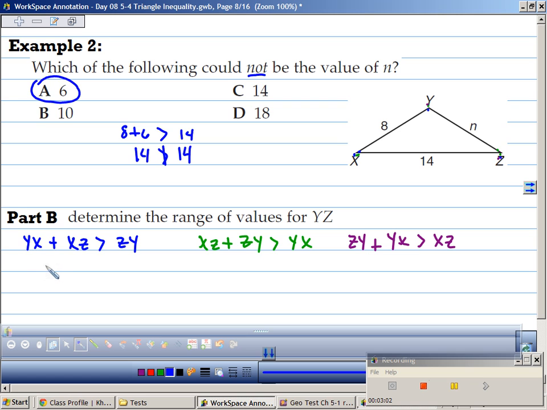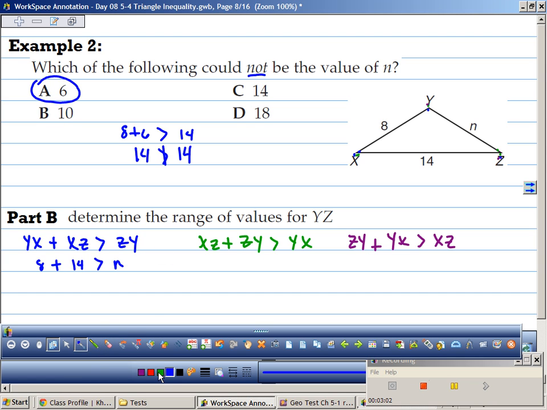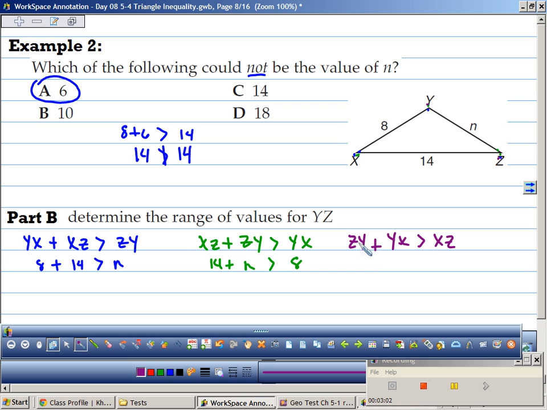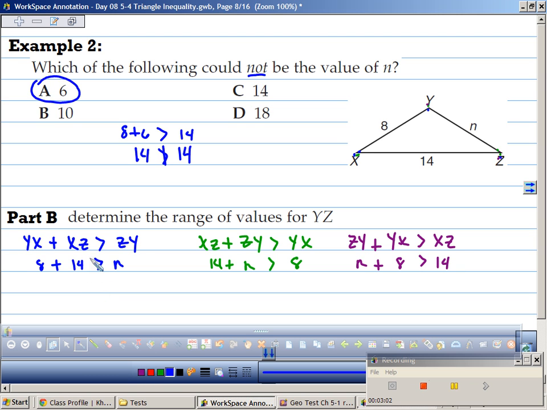So YX is how much? 8 plus XZ, 14, has to be greater than n. XZ is 14 plus ZY, n has to be greater than 8, and ZY is n plus YX, 8 has to be greater than 14. So how do I solve this one?